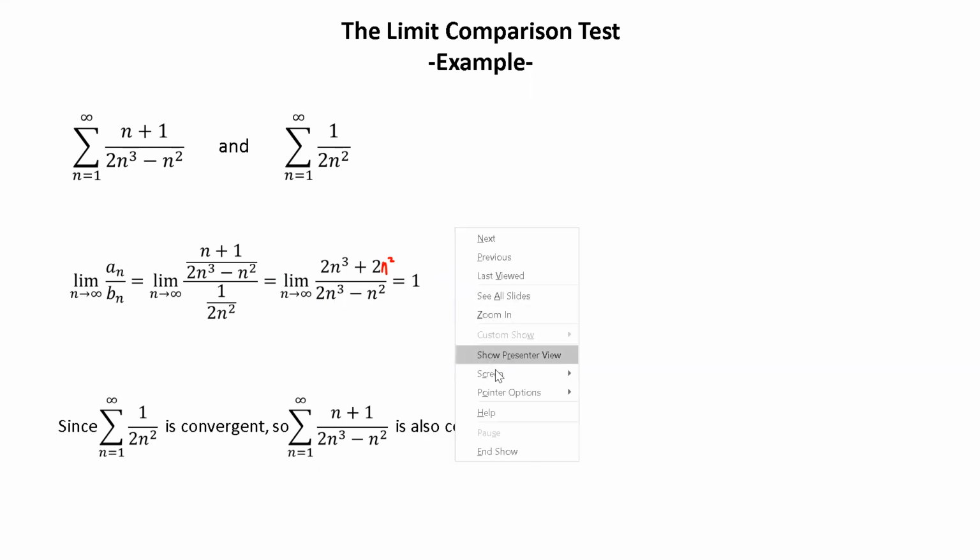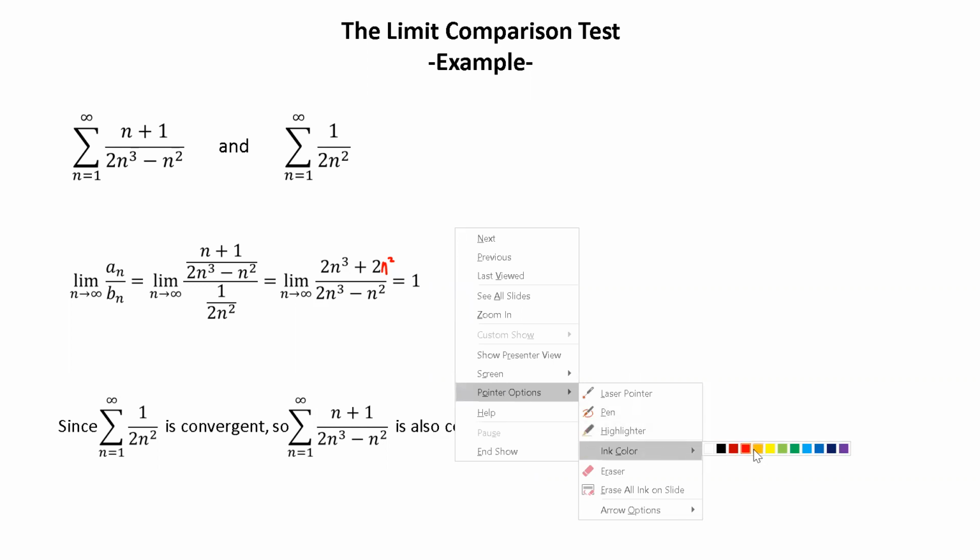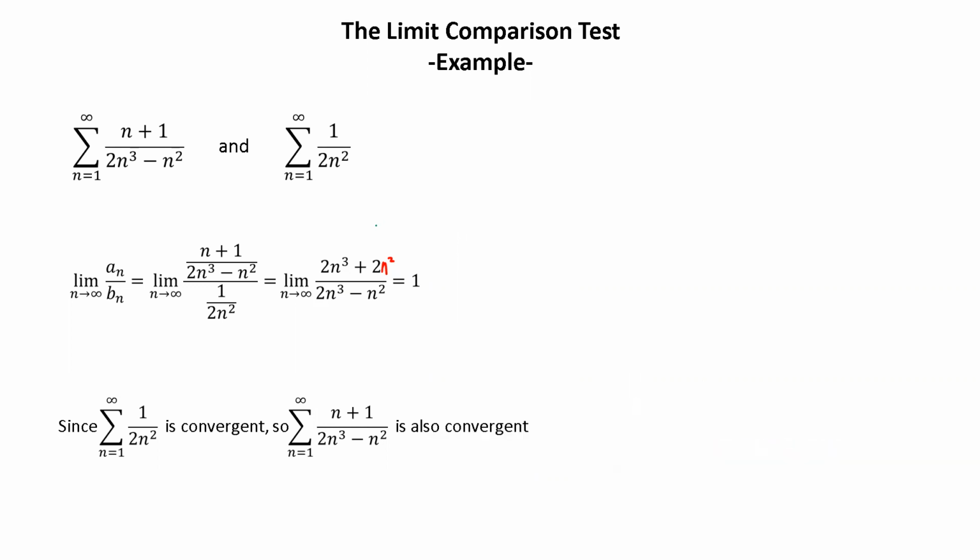Why is that? It's because from this step over here, if I divide both numerator and denominator by n cubed, what I get is 2 plus 2 times 1 over n, and then 2 minus 1 over n. And then since n tends to infinity, this 1 over n vanishes, so this one is equal to 1.